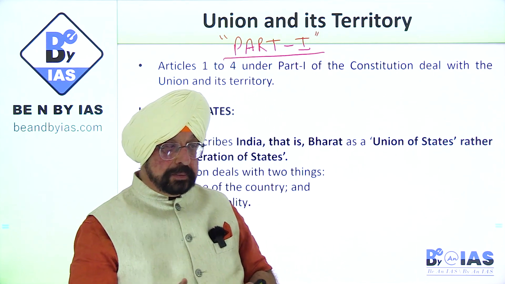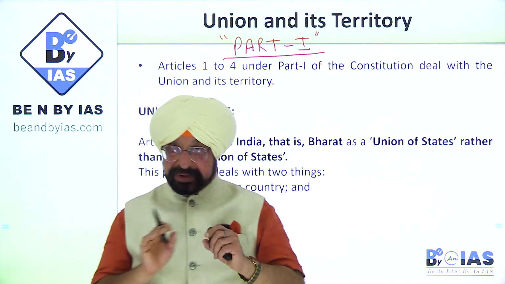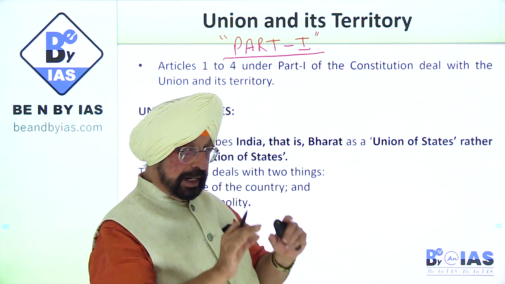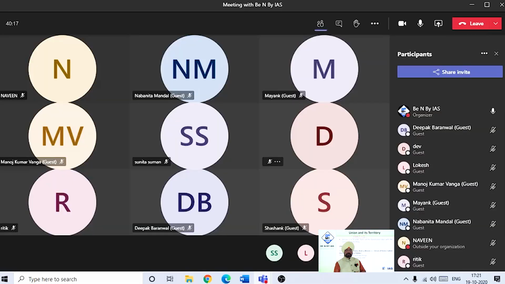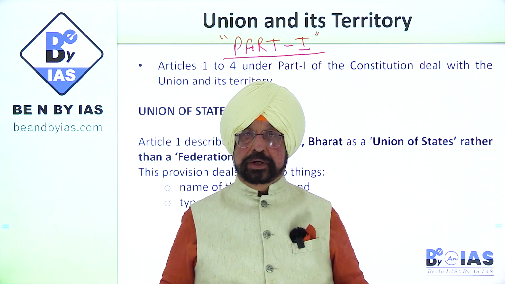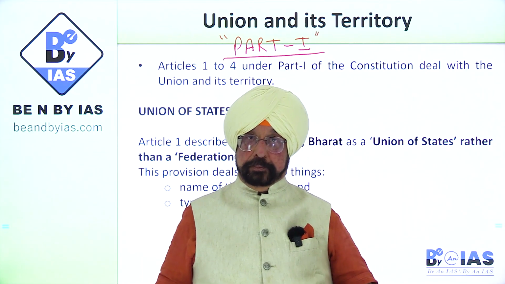So, when it comes to Constitution, I am talking of the general statute. The first section in any statute is generally giving the title of that particular statute. Since this is the Constitution of India, the supreme law of the land, the fundamental law of the land, what it is going to tell us after the preamble.